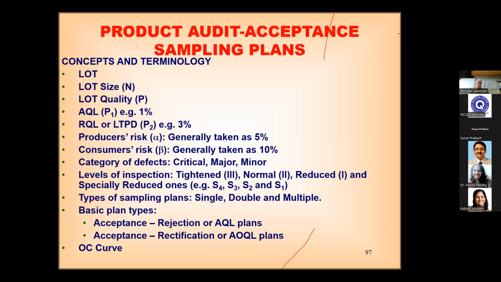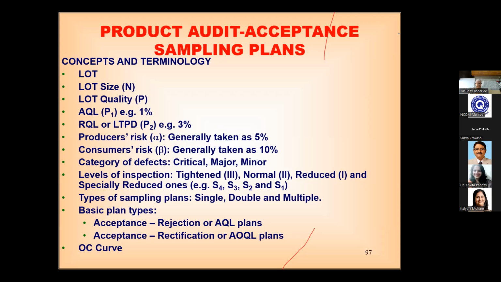Okay. Level of inspection. Earlier, there were 5 levels. Now ISO has increased to 7 levels. Tightened, level 3. Normal, level 2. Reduced, level 1. And specially reduced, S4, S3, S2, S1. We shall see them. Types of sampling plans: double sampling, single sampling, multiple sampling, and all.